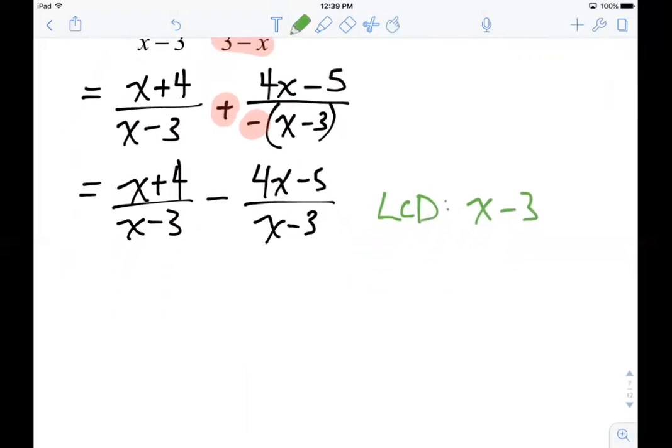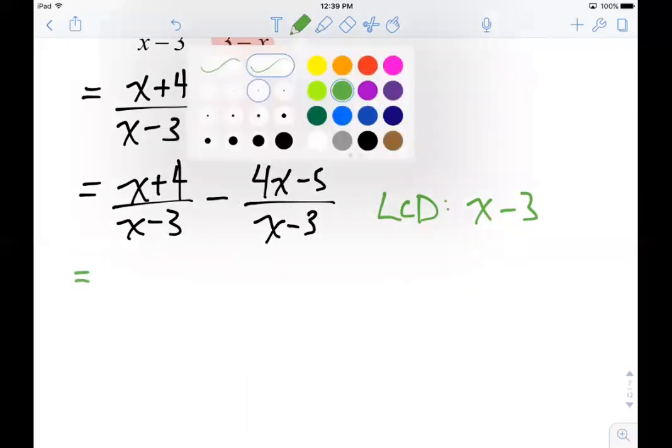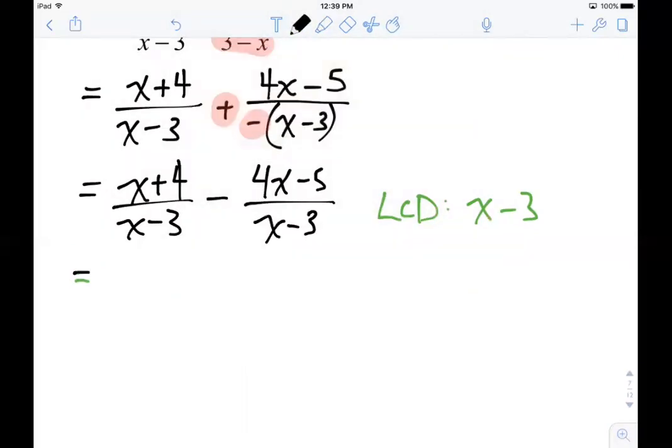So what does that mean? Well, it means my next step is going to have just one single common denominator, and I can really just start to put these terms together. So it's going to be x plus 4, but then I need to subtract the entire numerator of the second one.